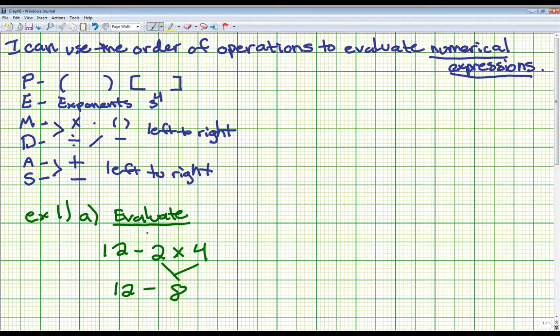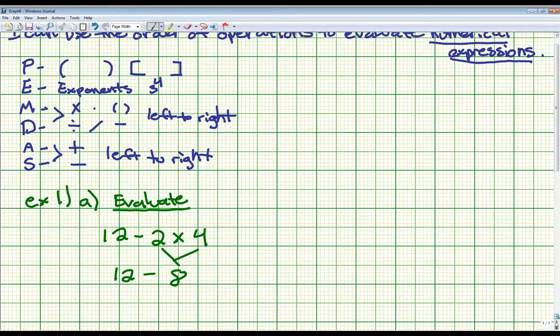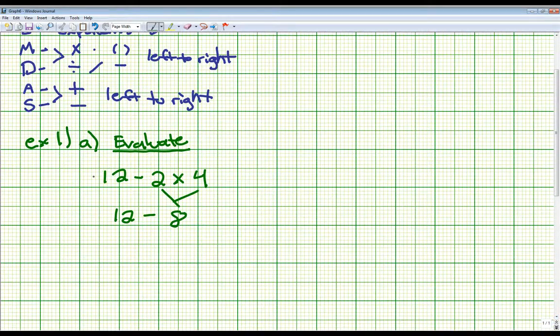Now, when we are asked to evaluate an expression, they're actually wanting us to find the final answer. So instead of just shortening it, we're actually now going to find the final answer. So what is 12 take away 8? And that's going to leave us with 4. So evaluating 12, take away 2, multiply by 4, that would give us 4 as an answer.